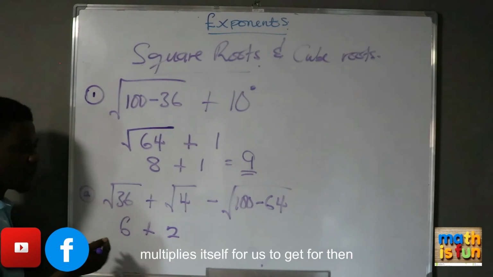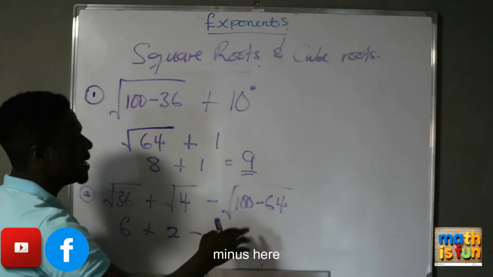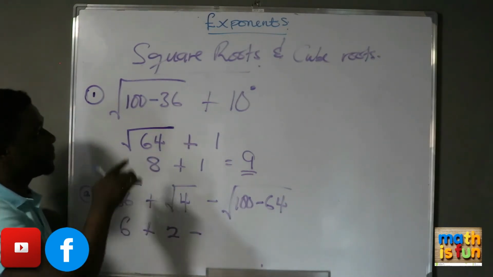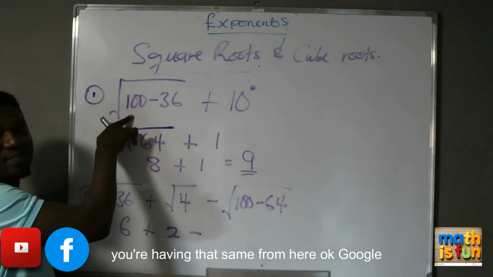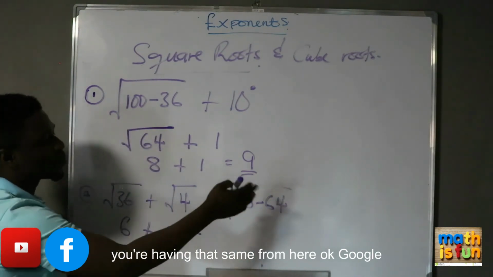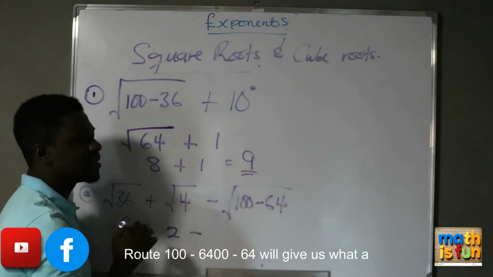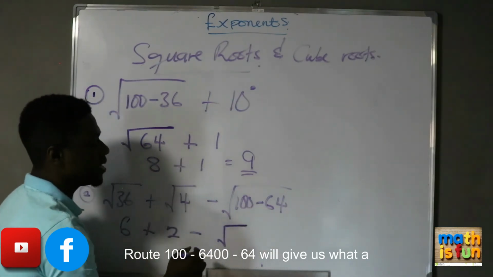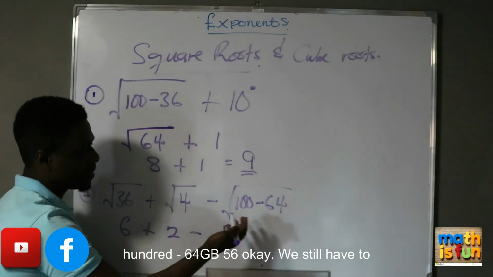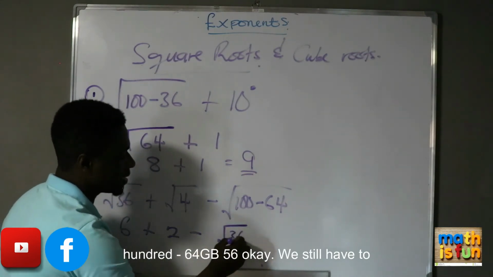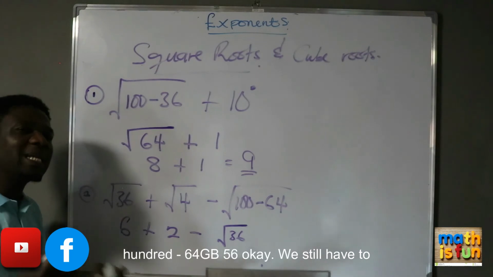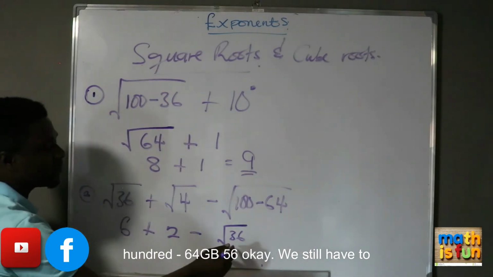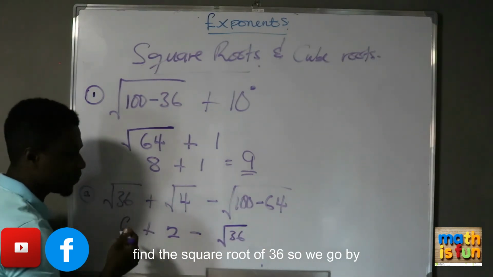Then minus, here we have that same sum, the square root of 100 minus 64. So 100 minus 64 will give us what? 36. That means that we still have to find the square root of 36.